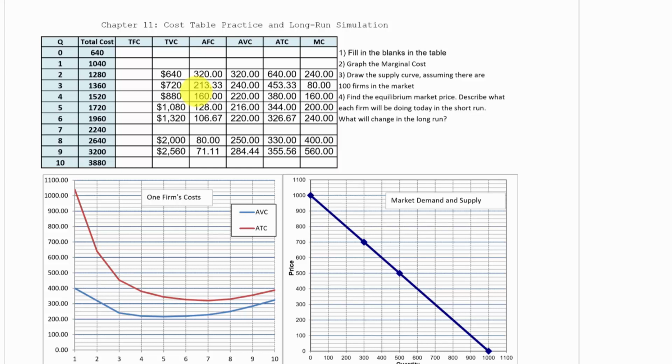Are more firms going to enter if they're making a profit? Or are firms going to exit this industry if they're losing money? And approximately how many firms might need to exit to bring us to that long run break-even price, where all the firms are just covering their costs, including the normal profit, of course.